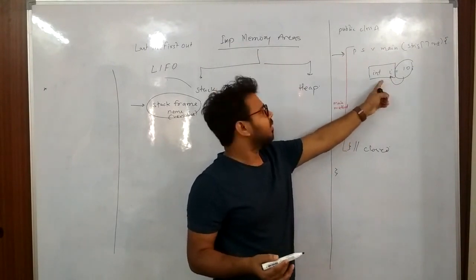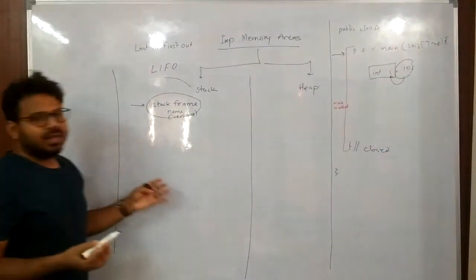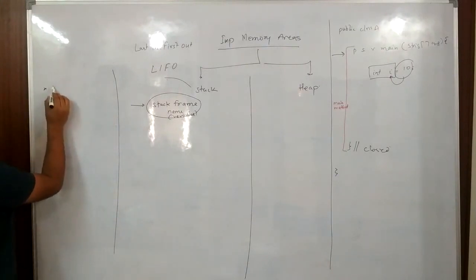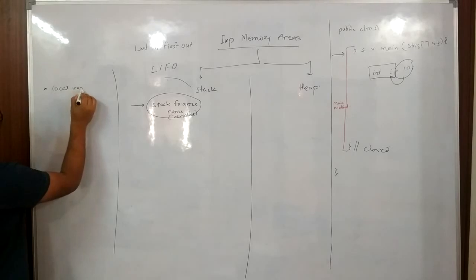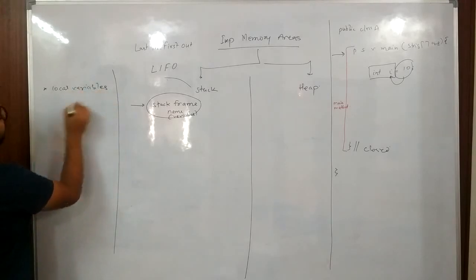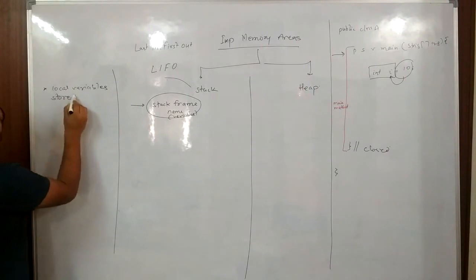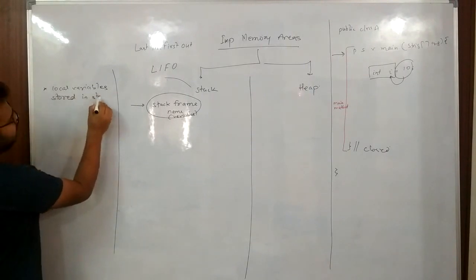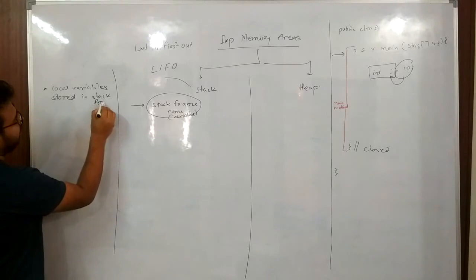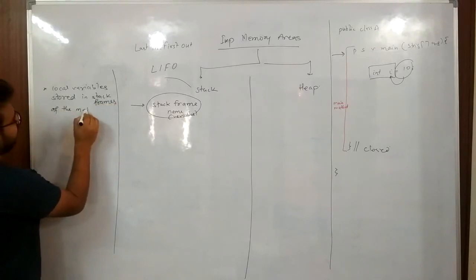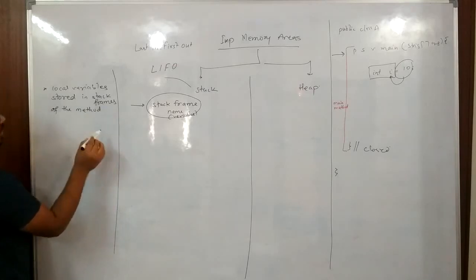Local variables are stored in the stack frames of the corresponding method.